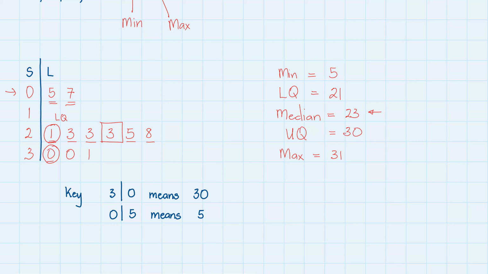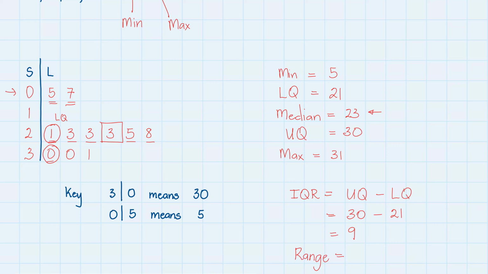Alright, and then once I've got that, I can work out a couple more things. I can work out the interquartile range, the IQR. If you don't know what this is, go back and look at our notes. The IQR is the upper quartile minus the lower quartile. The upper quartile is 30, the lower quartile is 21. That gives us an interquartile range of 9. And then the range, we don't usually use the range that much.